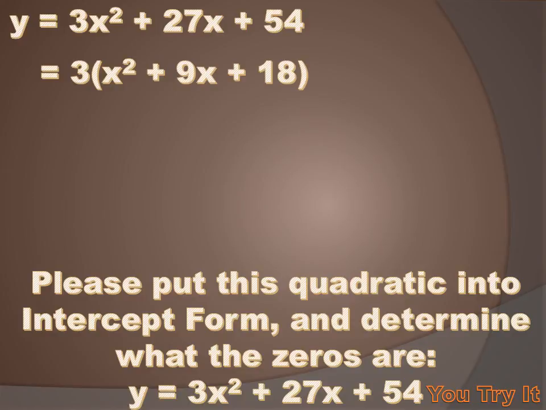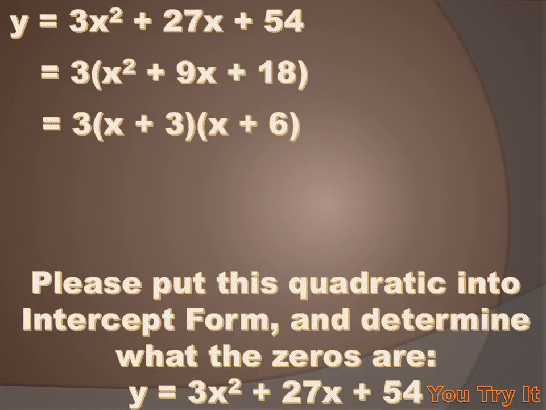Now, can I factor x squared plus 9x plus 18? Yeah, I can. It equals x plus 3 times x plus 6. And my 3 is still there. So y equals 3 times x plus 3 times x plus 6.